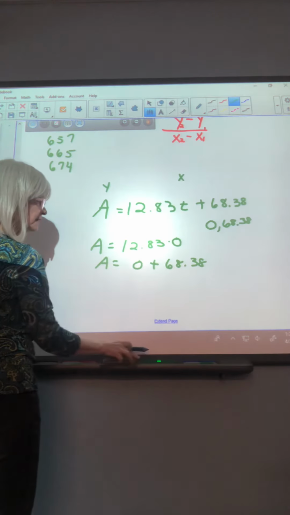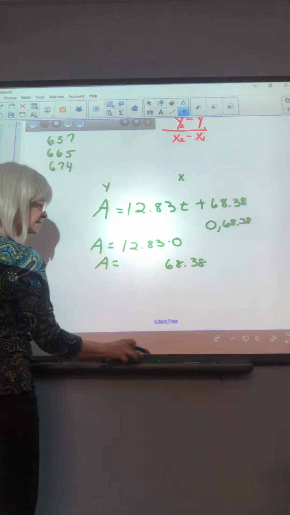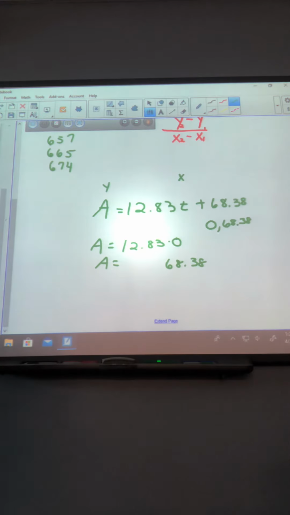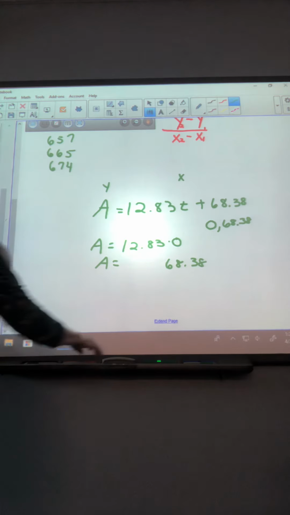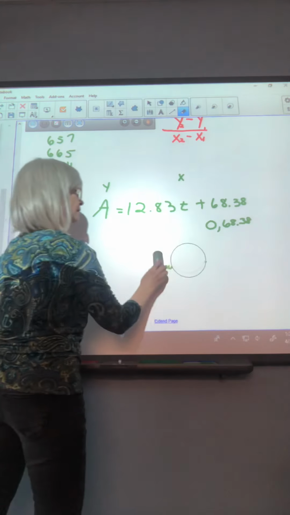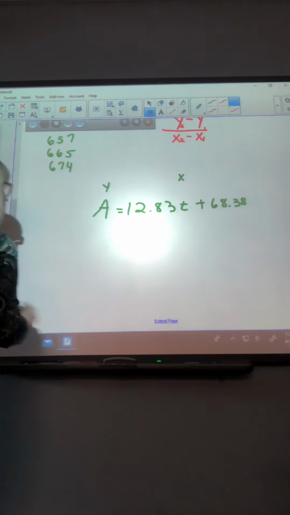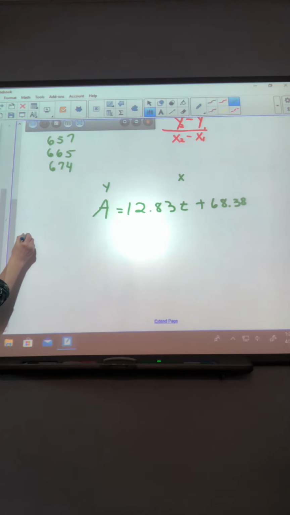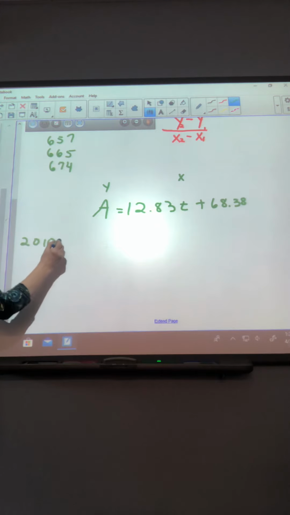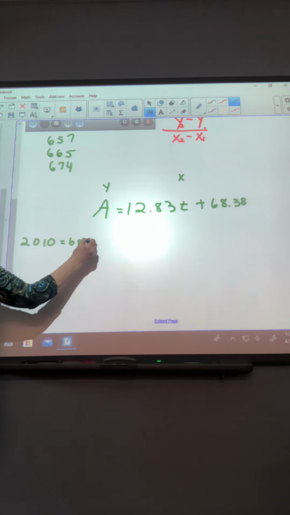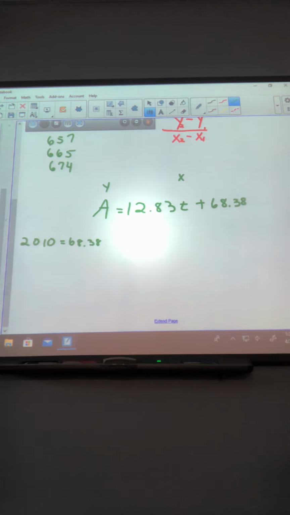So the amount spent then would be 68.38, and that's in billions of dollars. We're going to use that same equation, so over here I'll write our answers. In 2010, it was 68.38.